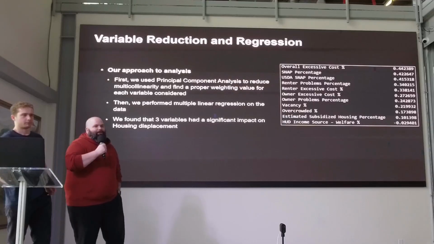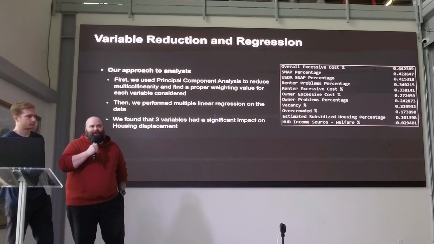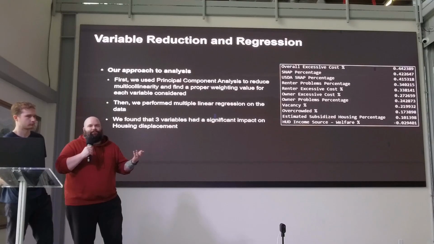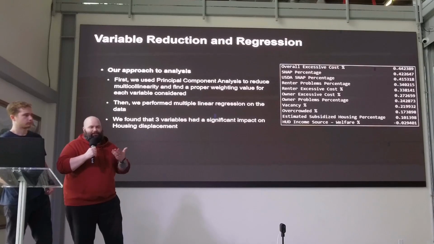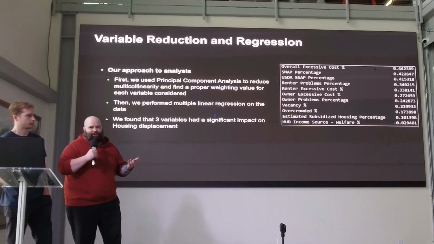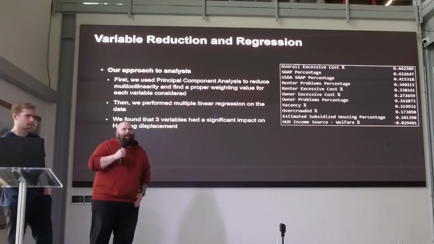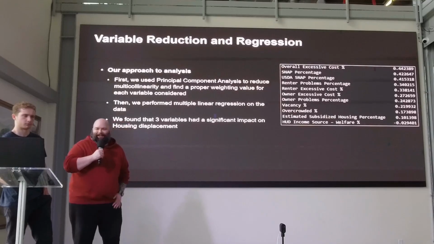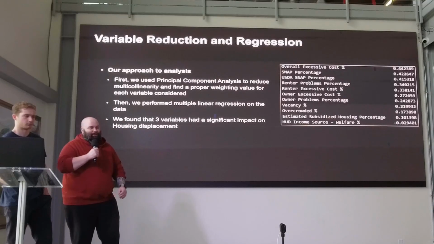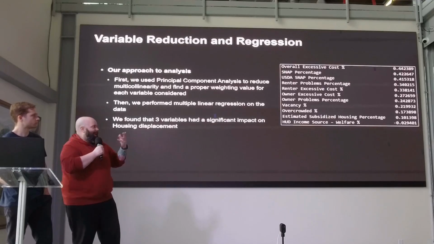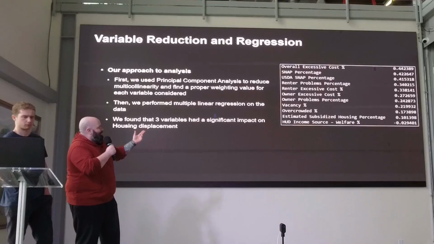So what we ended up doing is basically taking a bunch of values. Each of the data sets had a total count for the houses, and they also had counts for other things, like how many houses are in the overburden categories, how many houses are on SNAP. I think we accidentally duplicated a couple of percentages, but essentially we took the total houses and then the houses for category X, like how many are on SNAP, how many have problems.